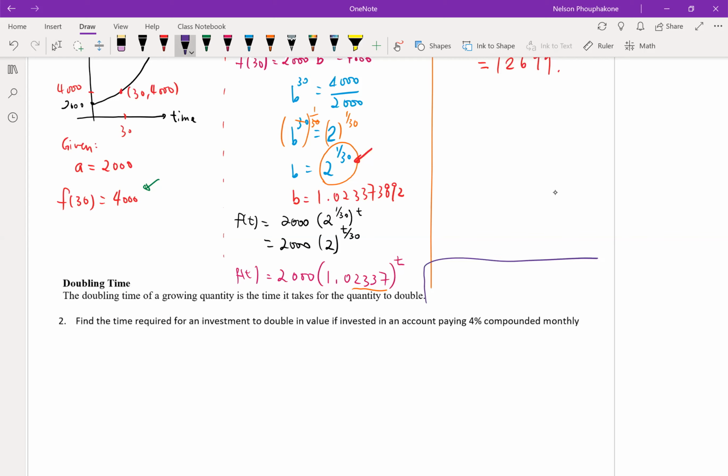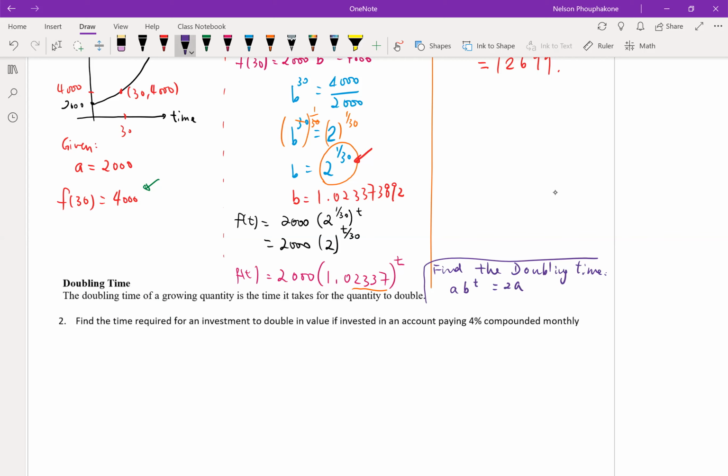To find the doubling time, I need to set up A(t) equal to 2A.